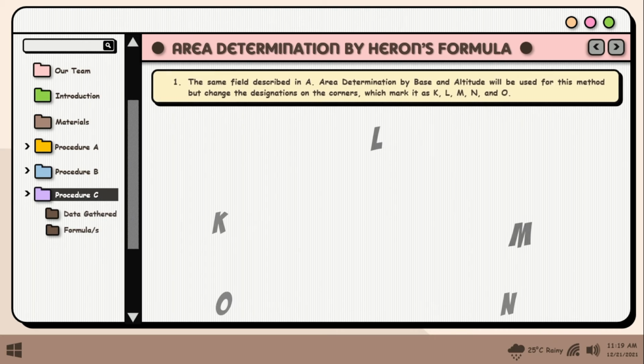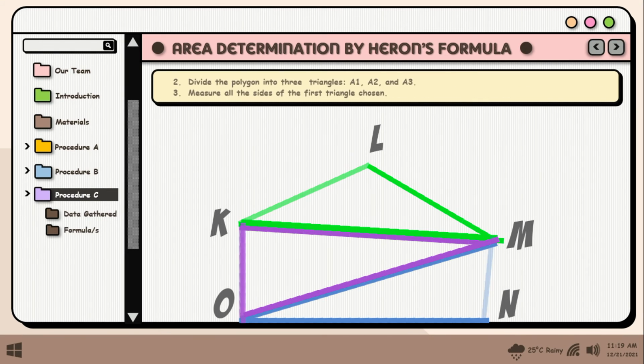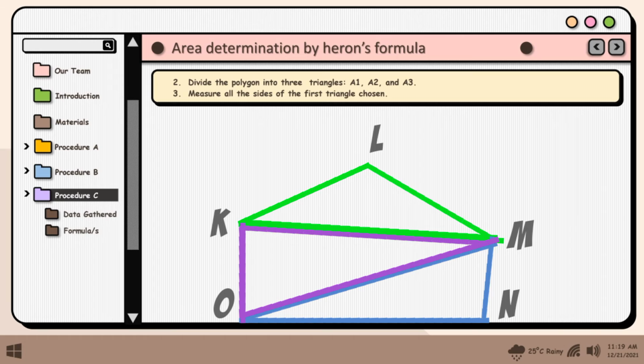Part C. Area determination by Heron's formula. Step 1. The same field described in A, area determination by base and altitude, will be used for this method, but change the designations of the corners, which are marked as K, L, M, N, and O. Step 2.